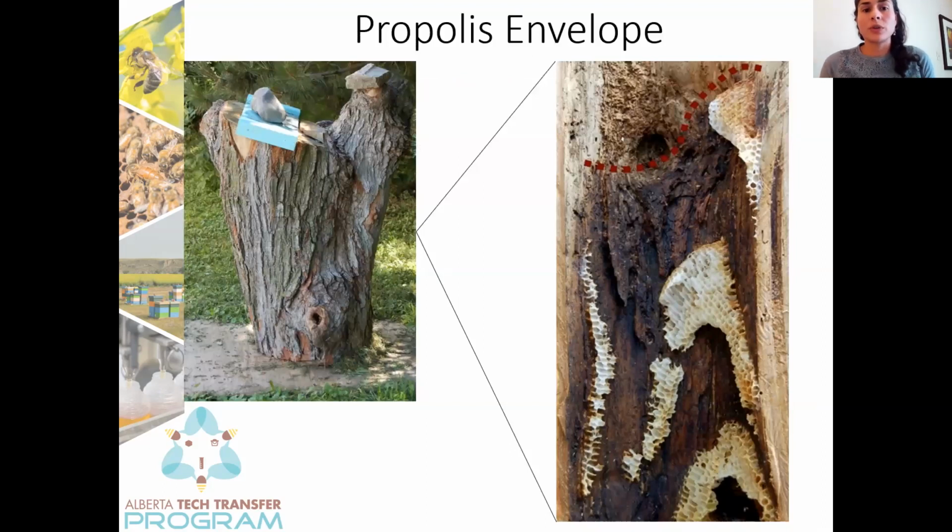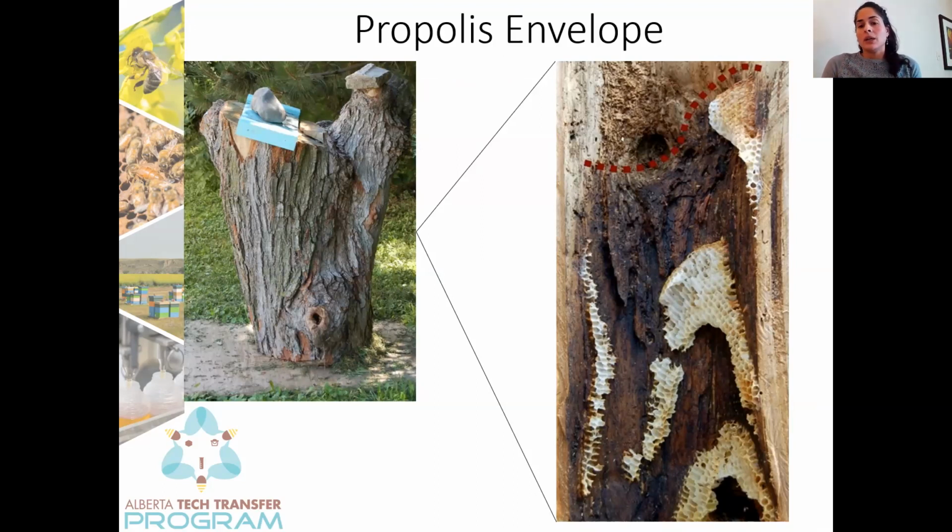So here in this photo, this is from a nest inside of a tree. So these bees were nesting in their natural habitat, where the surface is very rough. It's not the same as in a colony, the man-made boxes that we use today, because those boxes are very smooth.